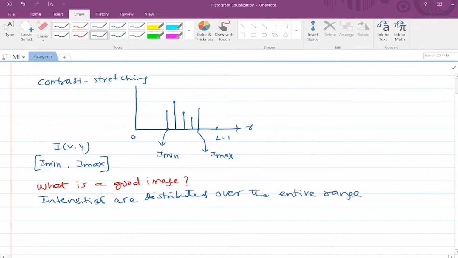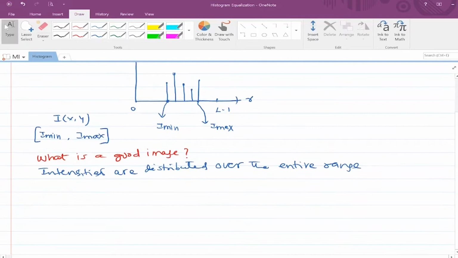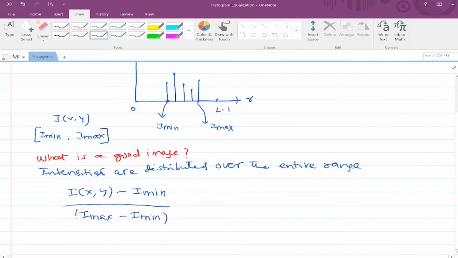How did we achieve that? For example, we wanted the minimum value to go to 0. The minimum value that was there is I min, so we wanted that to go to 0. So I of xy minus I min would bring it to 0. When we subtract I min throughout the image, the maximum value in the modified image would become I max minus I min.